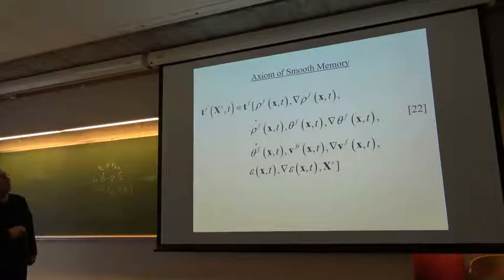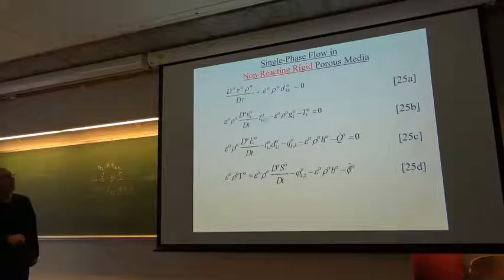And if I use the axiom of smooth memory, I expand over the current time, then I get the time derivative of temperature and density, and I also have porosity and porosity gradient and so forth. So these are potential independent variables.